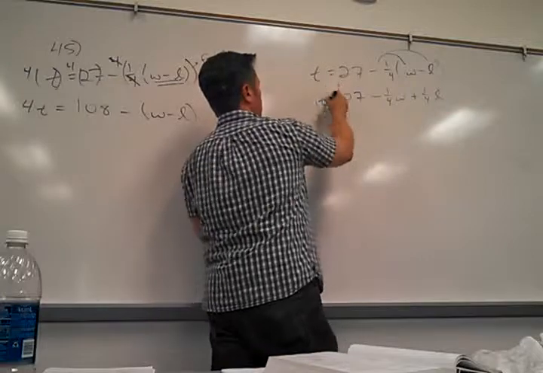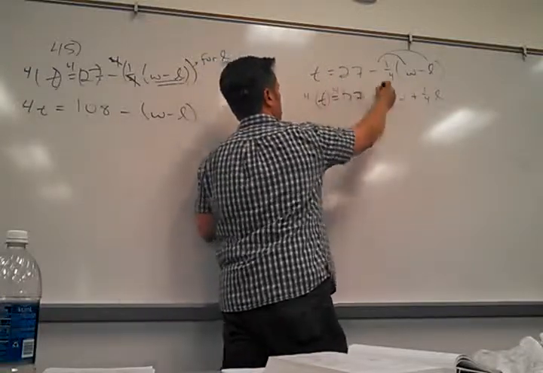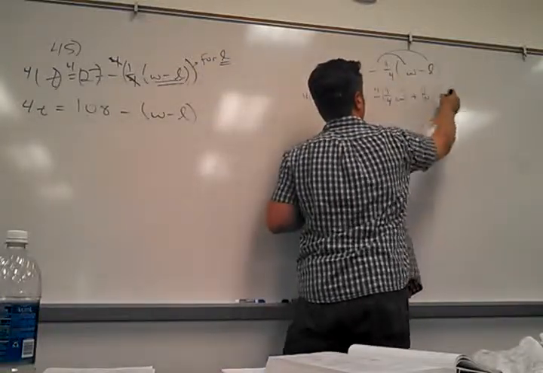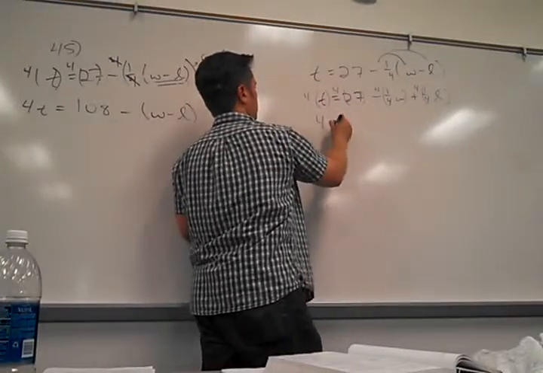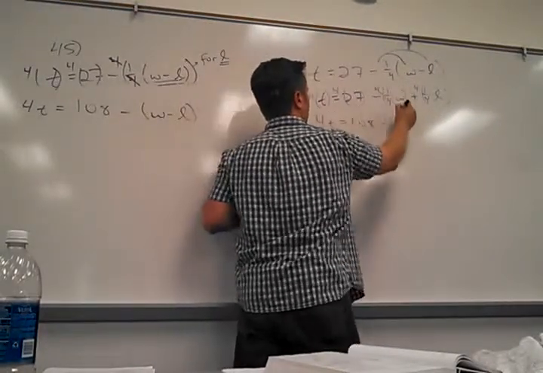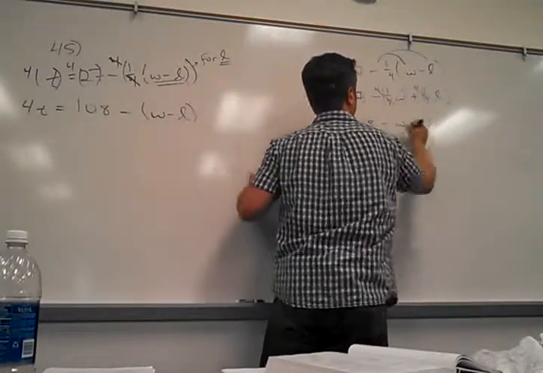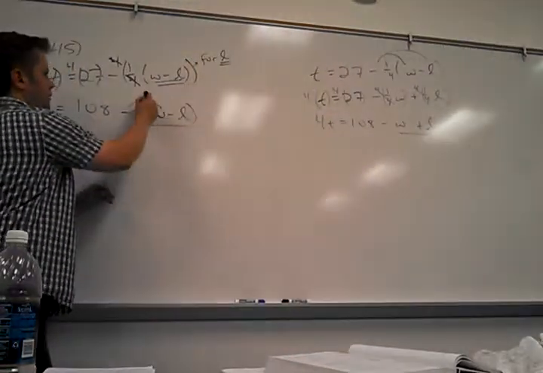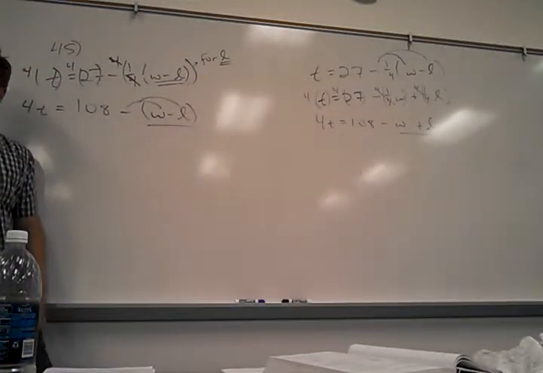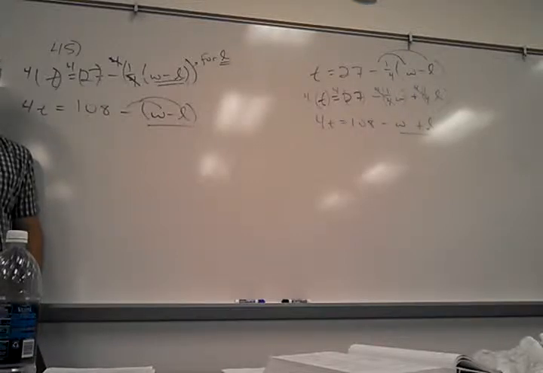Now if I multiply by 4, each piece has to get a 4. So then I get 4t equals 108 minus W plus L, because I get a minus W plus L once I get that negative through. A few different ways to do that problem.